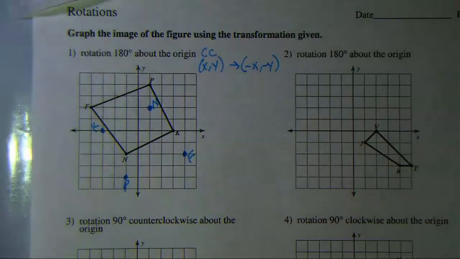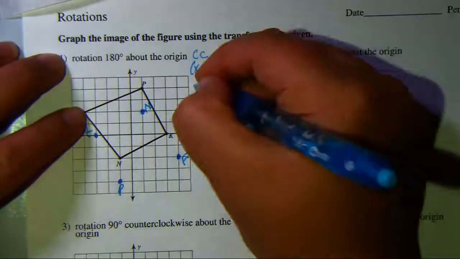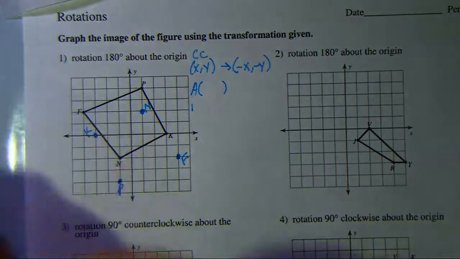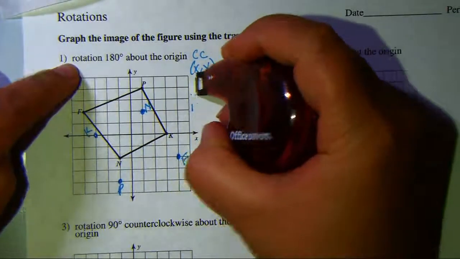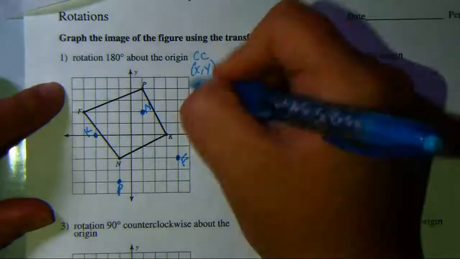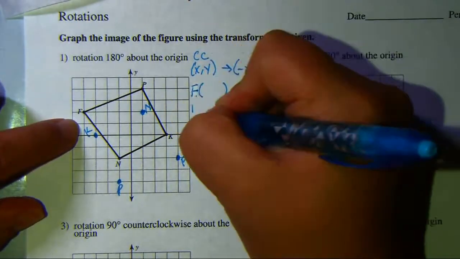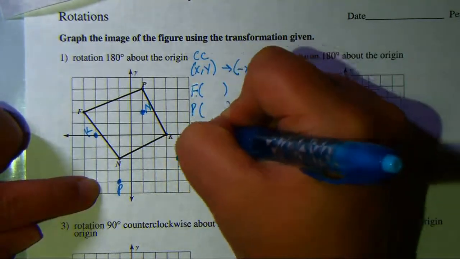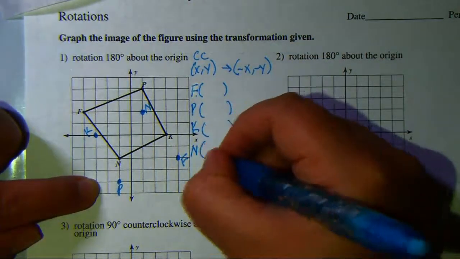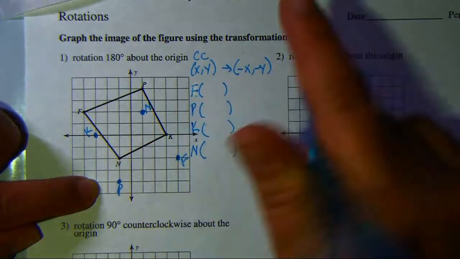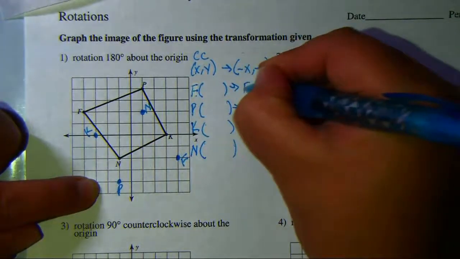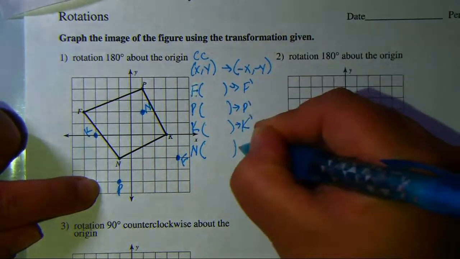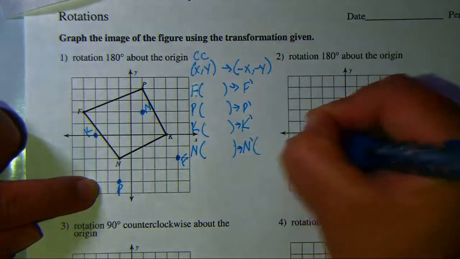So if I use this rule, I just have to figure out what, sorry, not A. Haha, we don't have an A here. I knew that. I just have to figure out what each of my points are here: F, P, K, and N. Figure out my points, and then use the rule to figure out what F prime, P prime, K prime, and N prime are going to be.